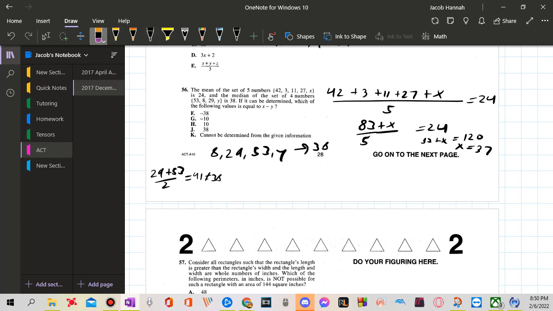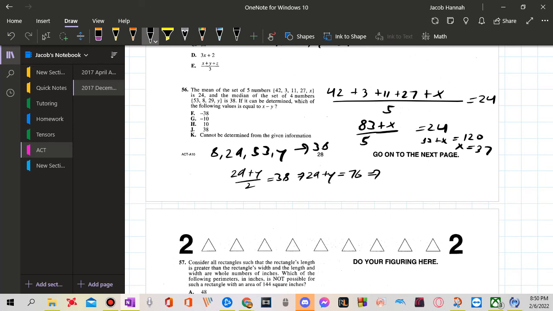That means 53 can't be in the middle, so y must be less than 53. Then we take y and 29 to be the two middle numbers. So 29 plus y divided by 2 is equal to 38. 29 plus y is equal to 2 times 38, 76.